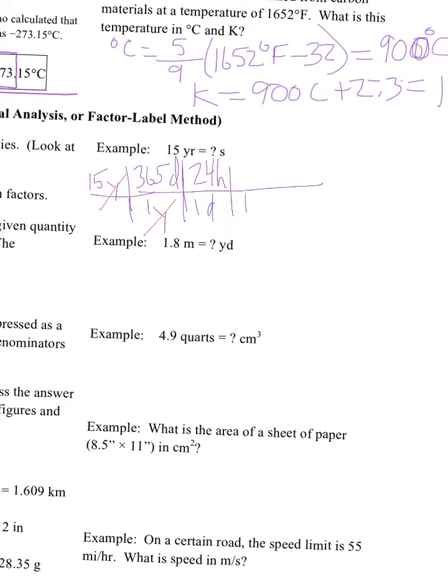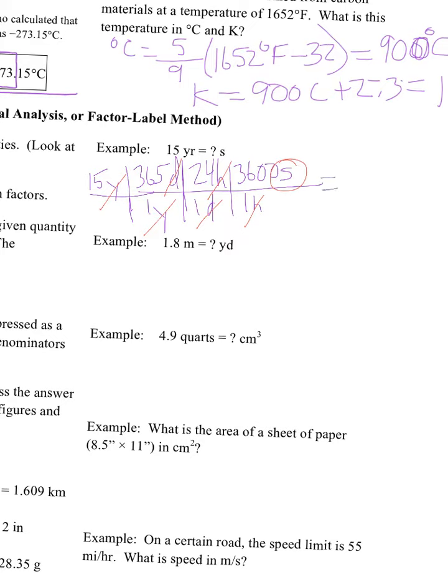And then 1 hour is, I'm going to just quickly, 60 times 60 is 3,600 seconds. Okay, so days cancels out, hours cancels out. The only thing I have left is seconds. So that is the correct formula.